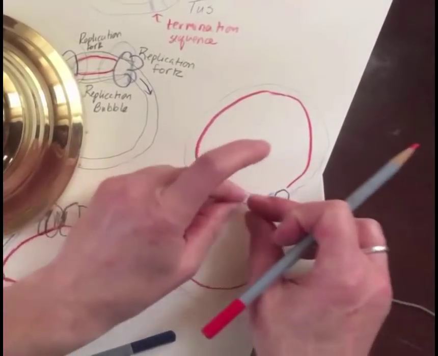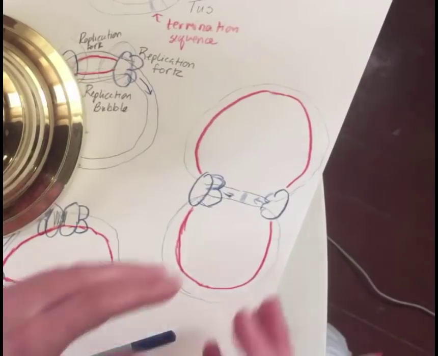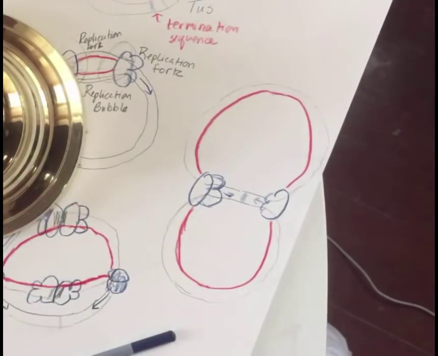And as soon as those two replisomes hit the termination site, then those will pull apart, and we will have now two separate copies of the initial E. coli chromosome.